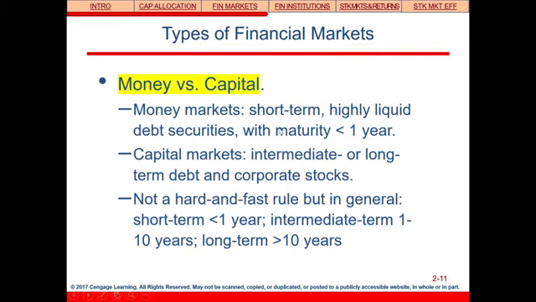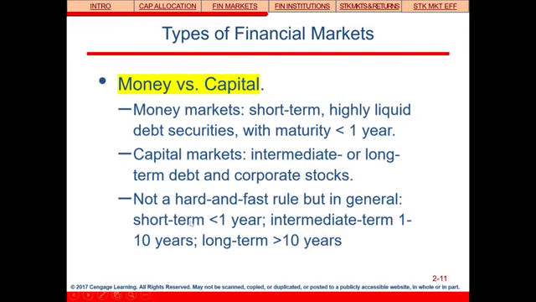So money markets are markets where only short-term debt securities are traded, while capital markets are markets where intermediate or long-term debt or corporate stocks are traded. So that's the difference here.